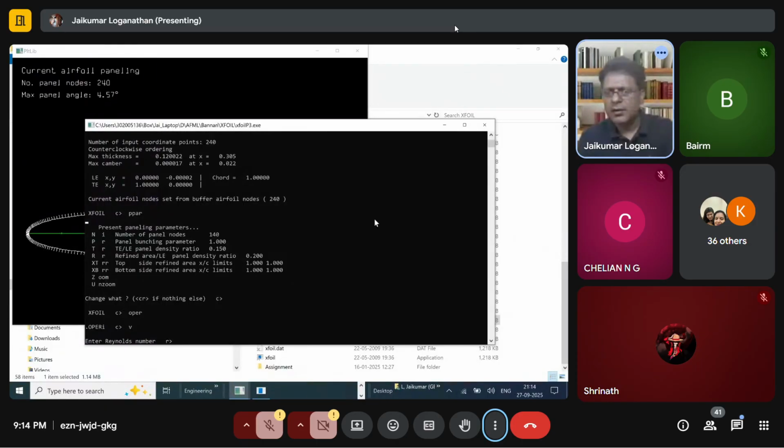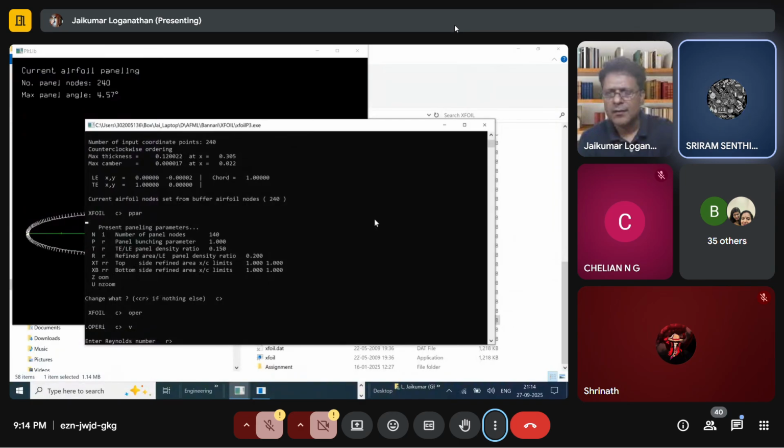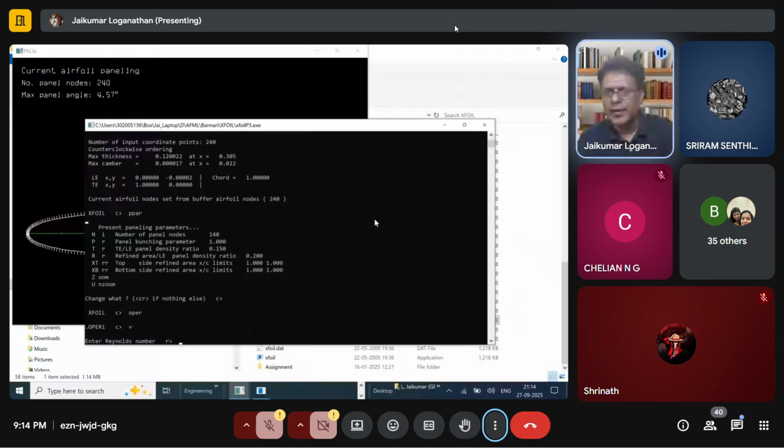So how do you compute Reynolds number? Can anybody tell me the formula of Reynolds number? Rho V d by mu. Yeah, rho V d by mu.